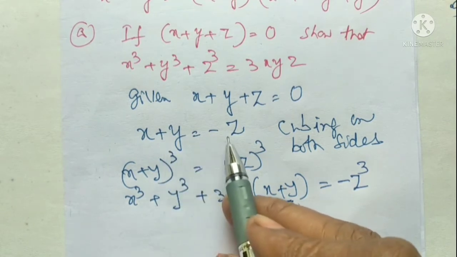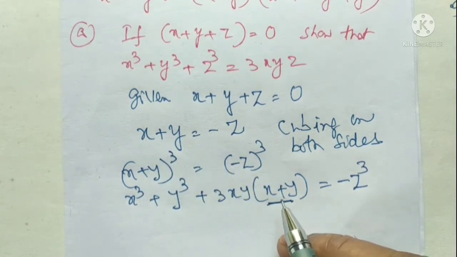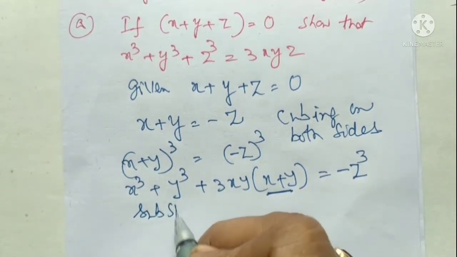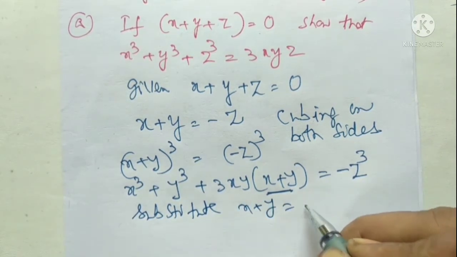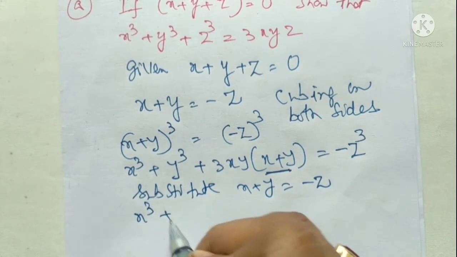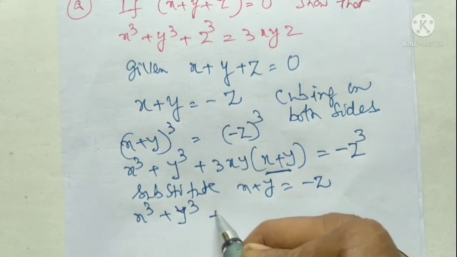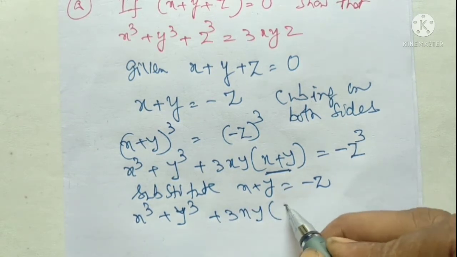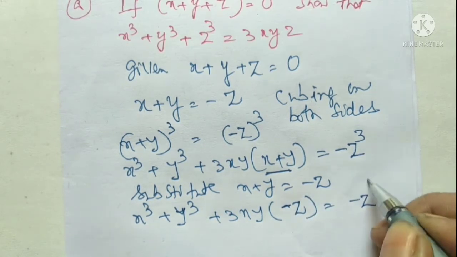Here x plus y is equal to minus z. Then its value will be x cube plus y cube plus 3xy into x plus y, which means minus z, is equal to minus z cube.